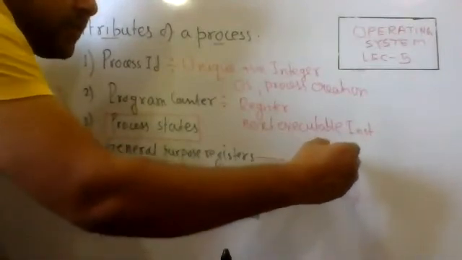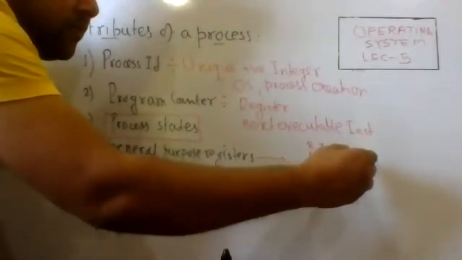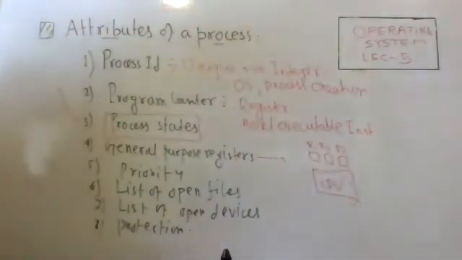Suppose this is R1, R2, R3, etc. During its execution, a process may have some numbers, which are stored in general purpose registers.